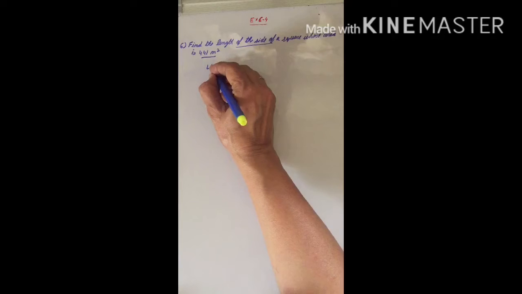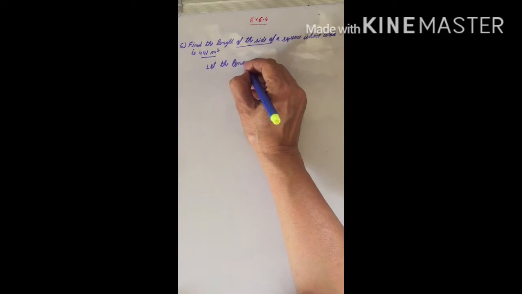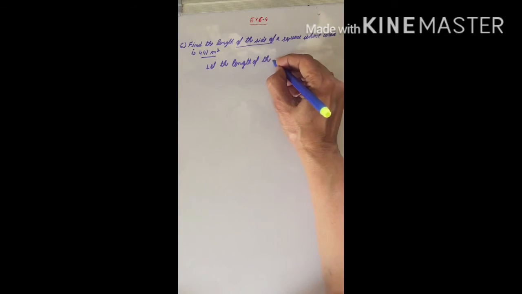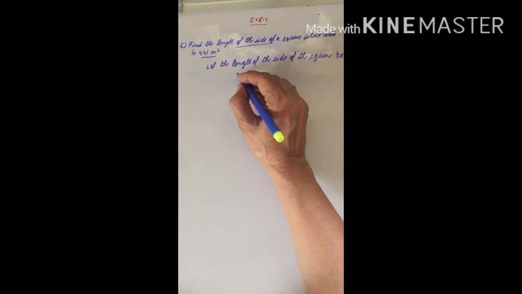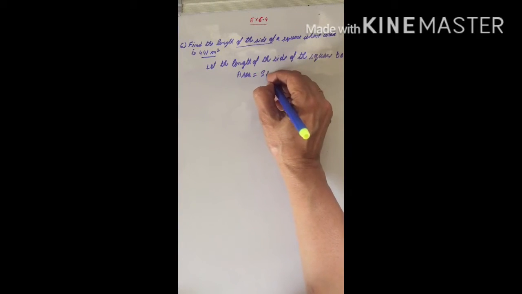We will write, let the length of the side of a square be x. Now as we have taken the length to be x, we know the formula for area: area of a square is side into side.